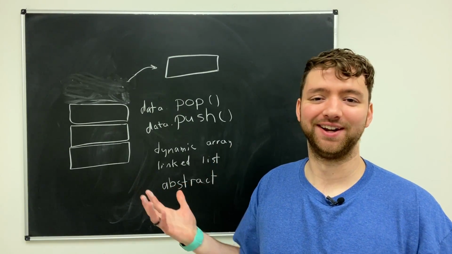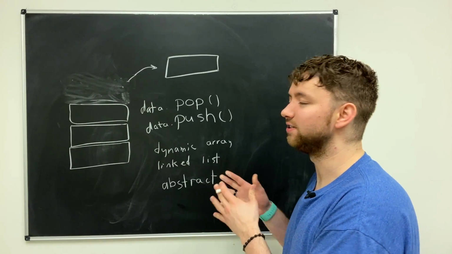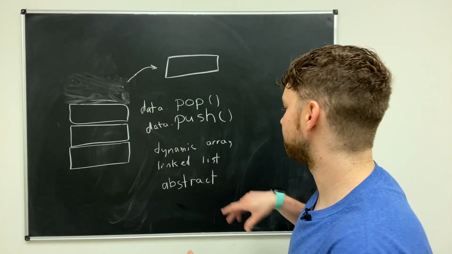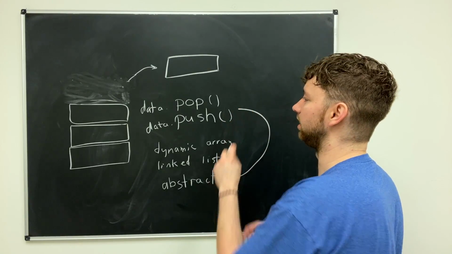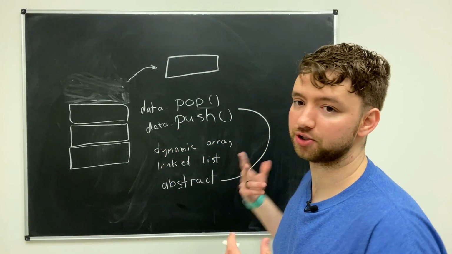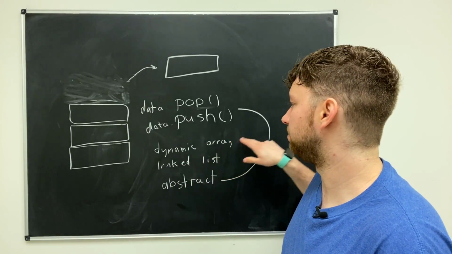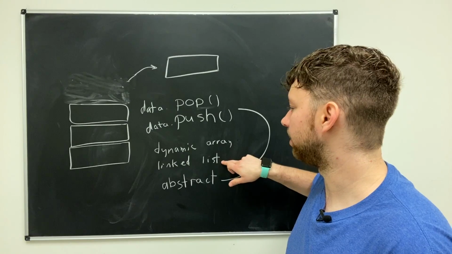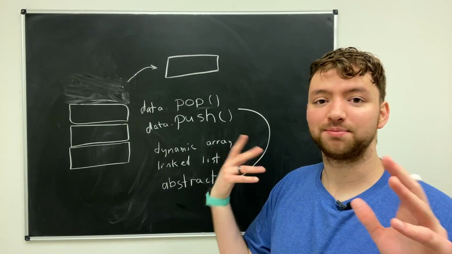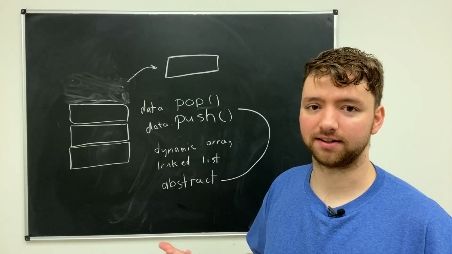And I'm not an artist, okay? But similar thing here, where we define behaviors a little bit more abstractly by just saying, hey, it has to have a pop method and it has to have a push method. The actual implementation can vary. It could be a dynamic array, it could be a linked list. It's up to you guys to decide how you want to actually create a stack data structure.